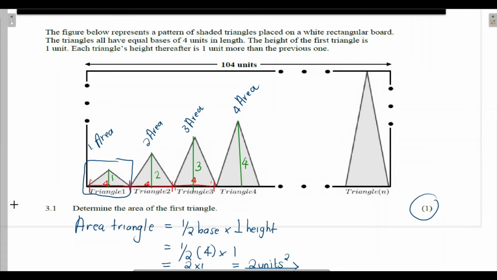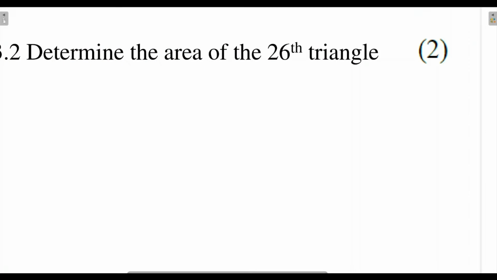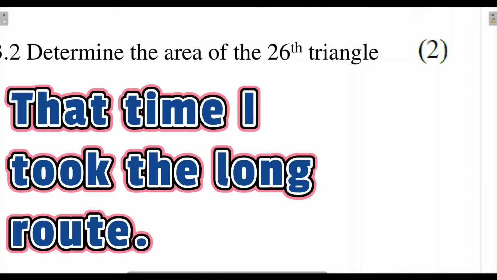Once we are able to find the pattern, it will be easy for us to get the area of the 26th triangle, because we're not going to say, okay, for triangle 5 the base is 4 and the height is 5, and then continue all the way to triangle 26. Guys, we're not going to get anywhere. This is for 2 marks, so it needs to be quick. We need to be moving, all right?